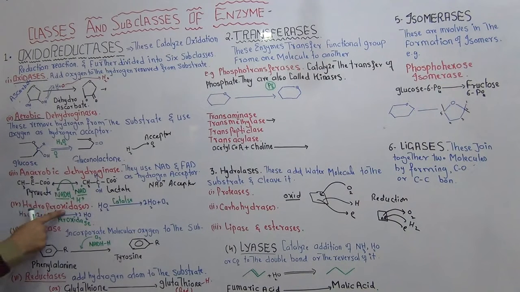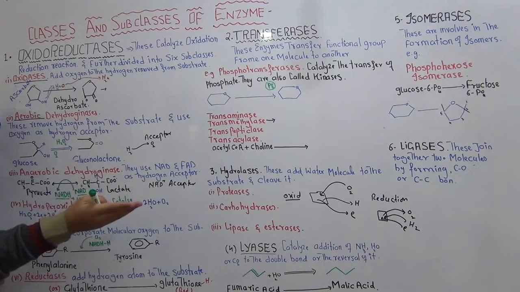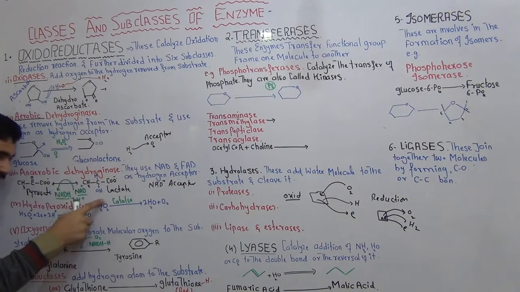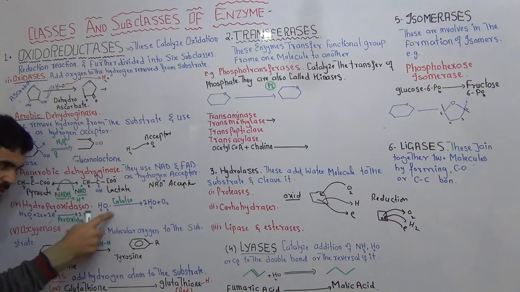Now the hydroperoxidases, what sort of enzymes are these? These enzymes are involved in the formation and breakdown of hydrogen peroxide. There is one compound, hydrogen peroxide, H2O2. All of these hydroperoxidases are linked with this compound.